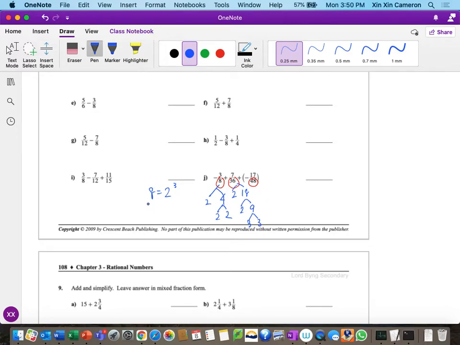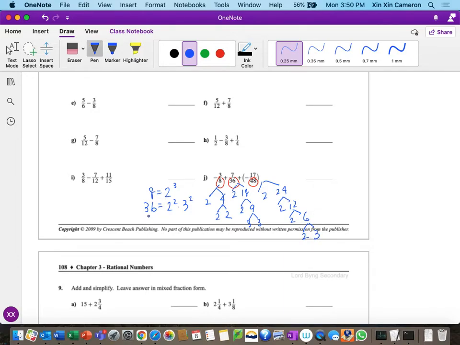So 36 now equals 2 to the power of 2 multiplied by 3 to the power of 2. Okay, 48. 2, 24, 2, 12, 2, 6, 2, 3.